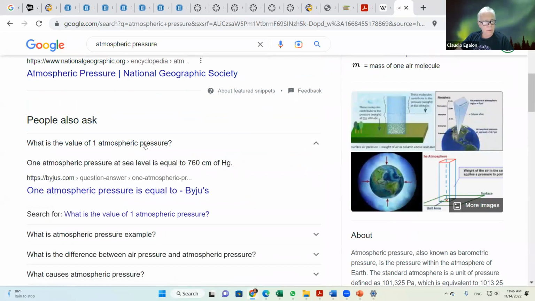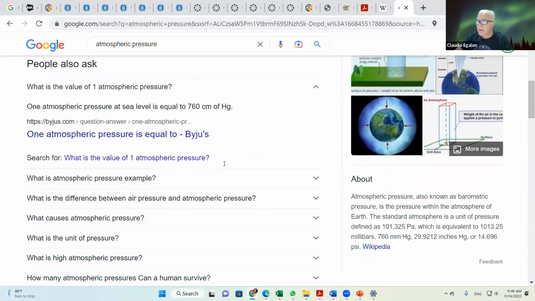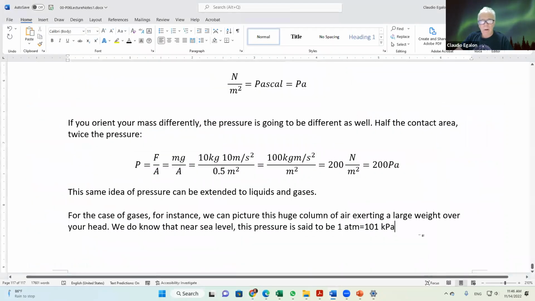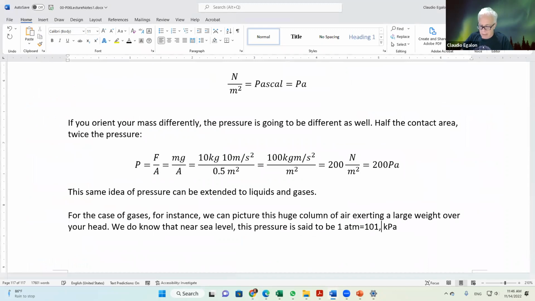Let's see here. That's another way of measuring atmospheric pressure in centimeters. Okay, here you go. 101,325 pascal.